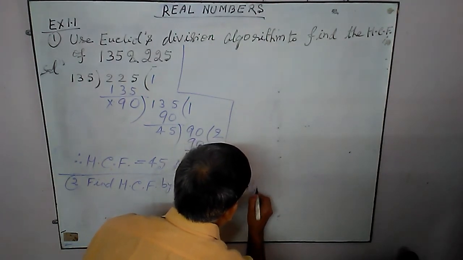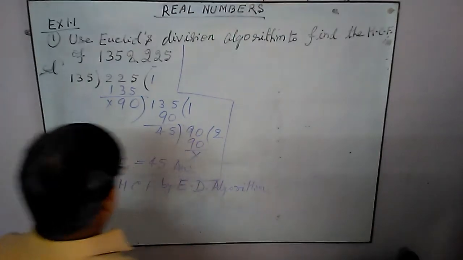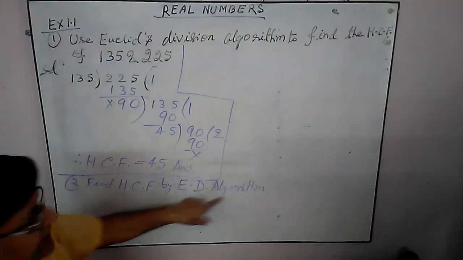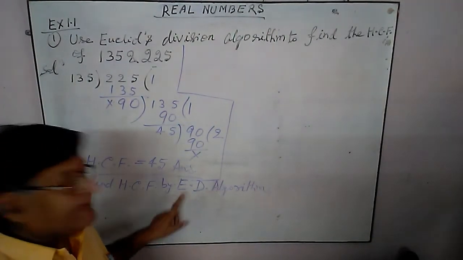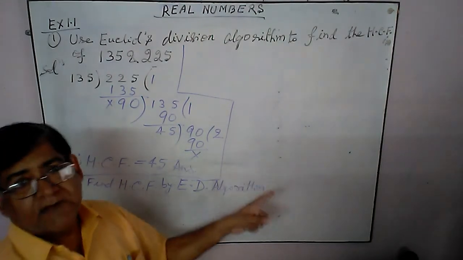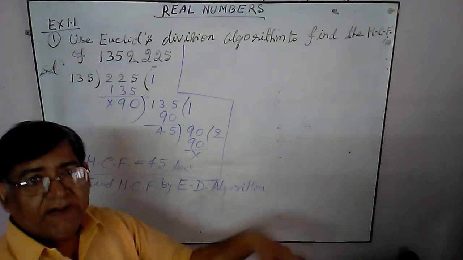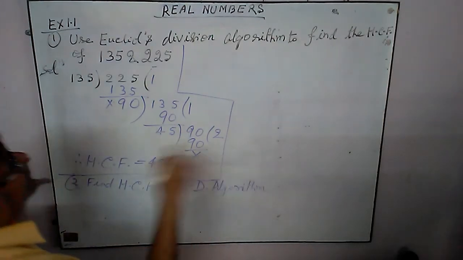Find HCF of three numbers using the ED algorithm. ED algorithm means Euclid's division algorithm. In short, I have written ED algorithm.